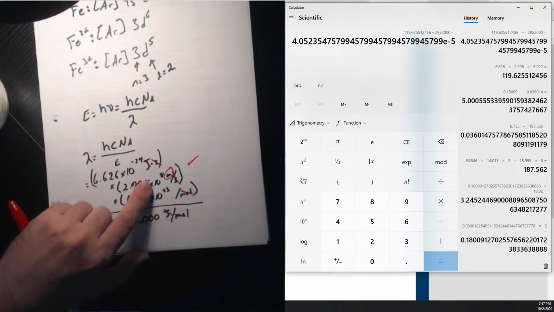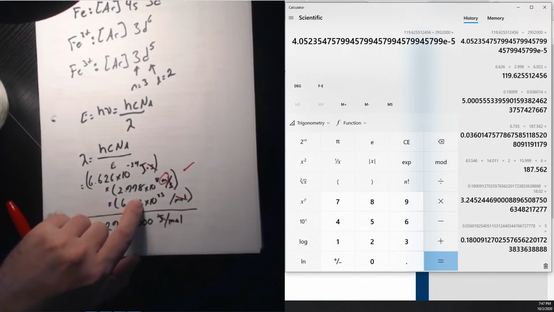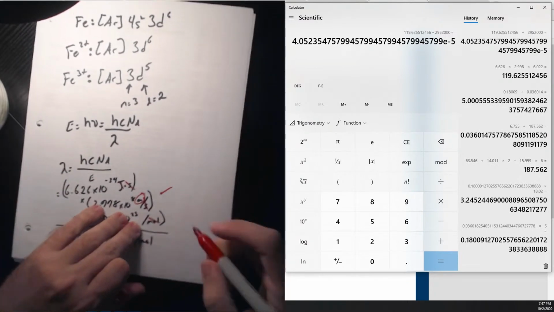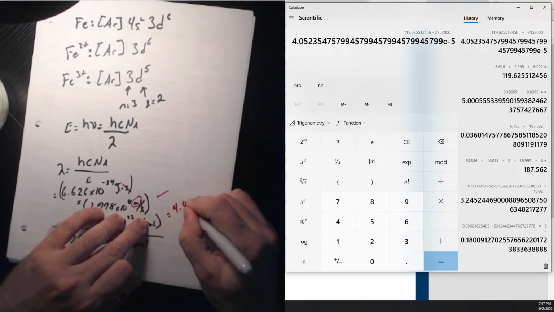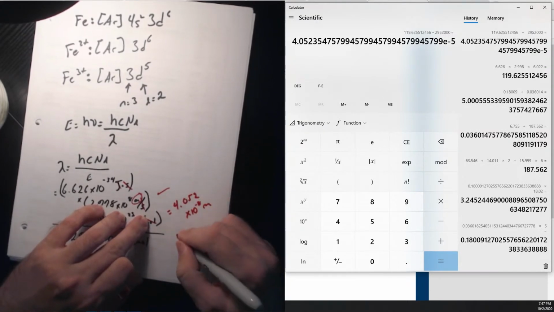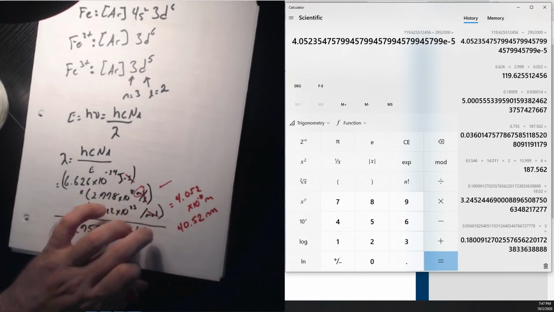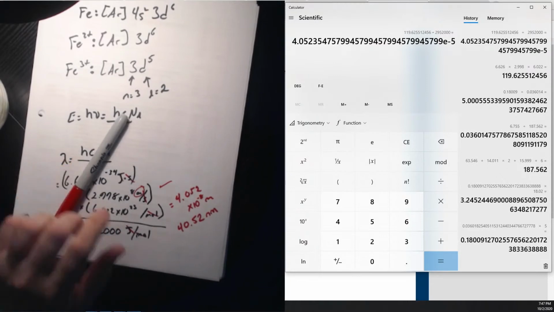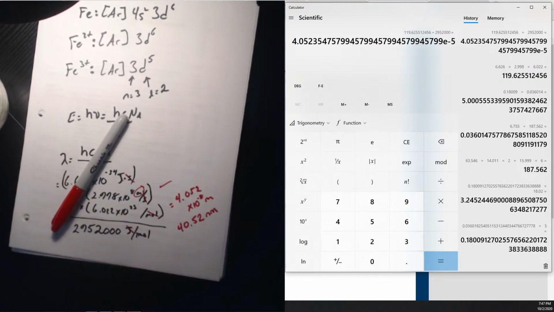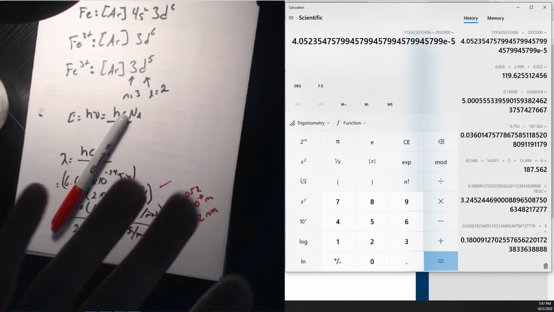No, negative 26, excuse me. Then we had 23, so that's going to be negative 3. So our answer is 4.052 times 10 to the negative 8th meters, or 40.52 nanometers. That's a very short wavelength. And that is going to be the longest wavelength. Any longer and the energy goes down.